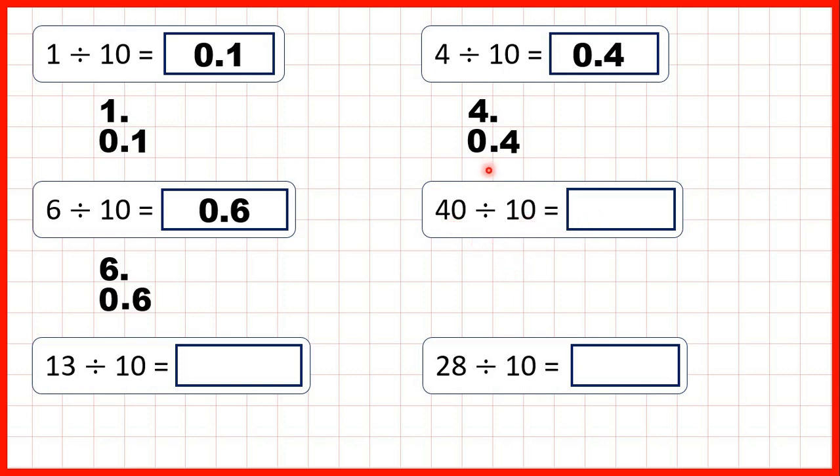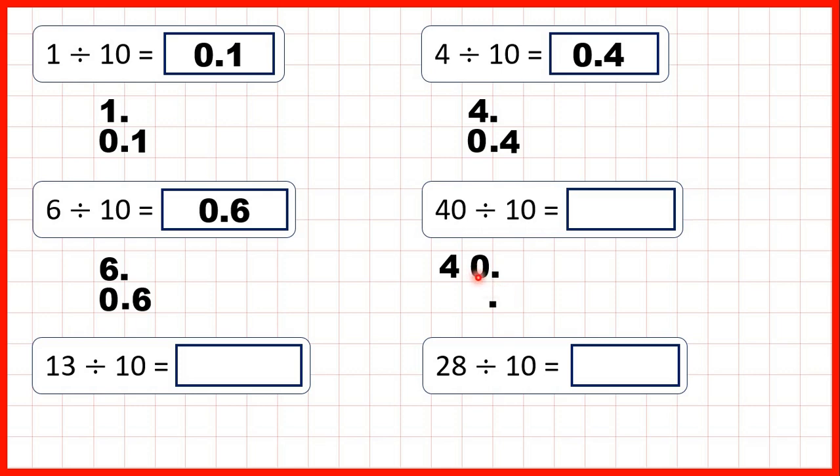But I want to use the same method that I've been using so far, because what we're really doing is the same thing. So if we use the method we've used so far, we write out the number 40 with a decimal point at the end. We copy down the decimal point, and now we're dividing by 10, so the digits are going to move 1 square to the right.